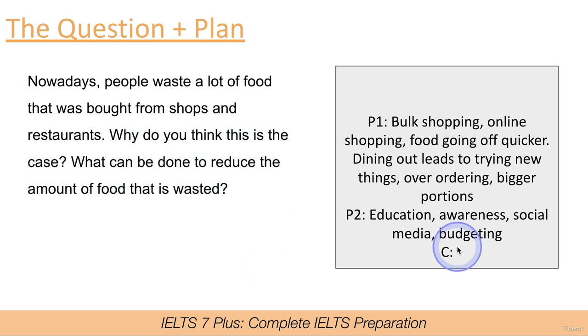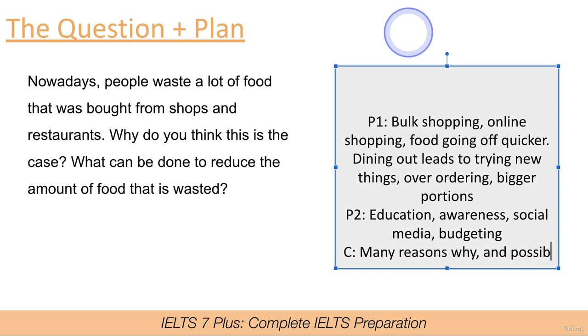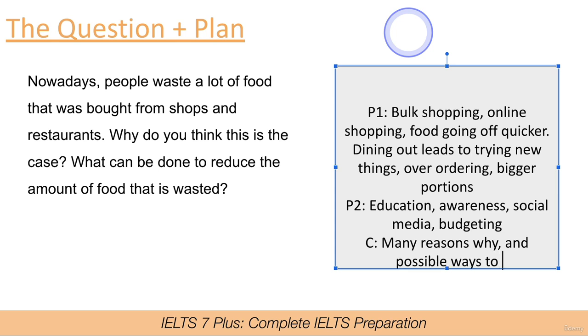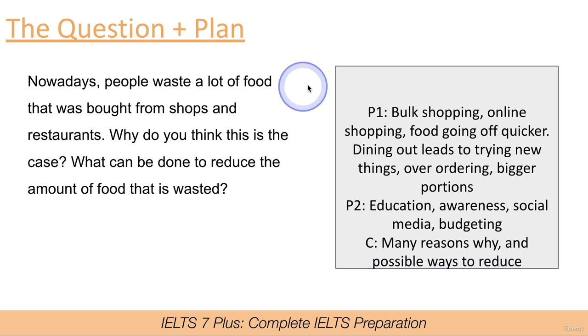Opinion is not needed for this question. So in the conclusion then, we will just say many reasons why, and then we'll restate what we put in the main body, and possible ways to reduce, and we'll list a few examples that we've talked about there.